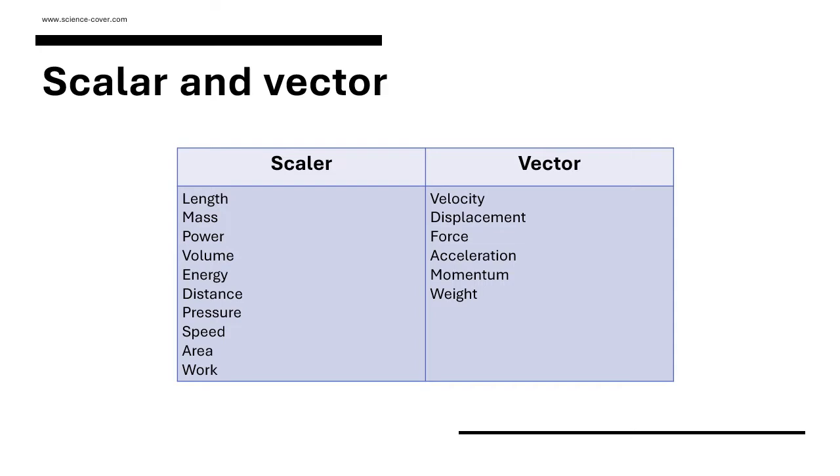Vector quantities give us information about direction. So if a speed gives us information about direction, we call it the velocity. If a distance gives us information about direction, we call it displacement. Other vector quantities include force, acceleration, momentum, and weight.